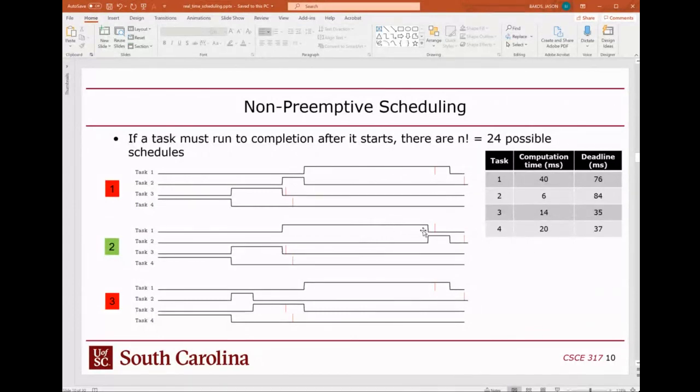So there's 24 possible ways to do that, just 4 factorial, and I generate these as a waveform where the tasks are marked as 0 or 1. 1 means it's running, and 0 means it's not. And you can only have 1 task running at a time, because in this case we're assuming that we only have 1 CPU. We'll look at multi-core CPUs a little later. But if you only have 1 CPU, you can only run 1 task at a time. And so depending on what order you run these tasks, you may or may not meet all the deadlines.